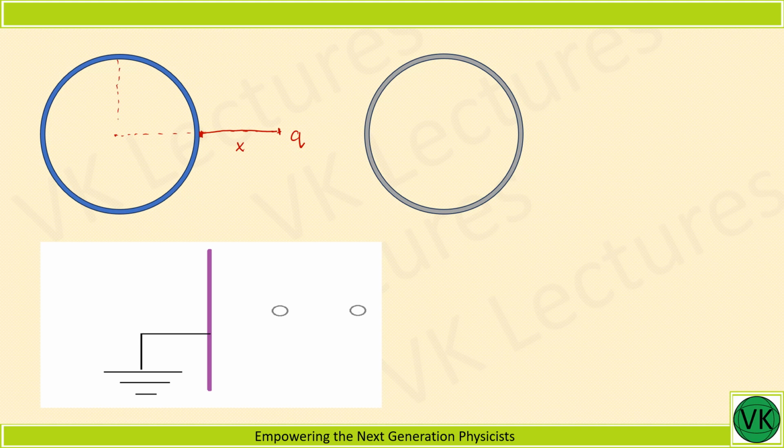Let the radius of this spherical conductor be capital R. Then we can consider an imaginary charge q dash somewhere here, at a distance of x dash from the center.